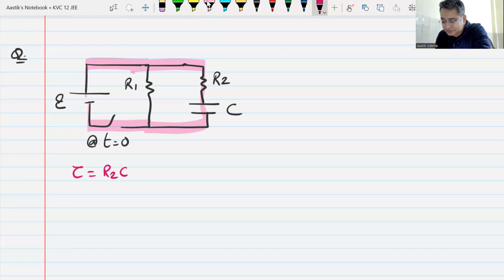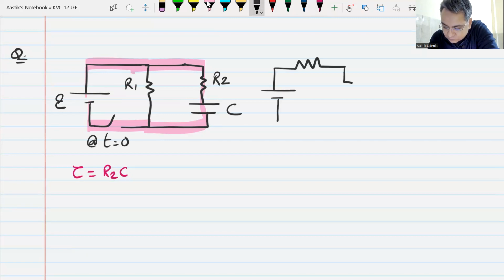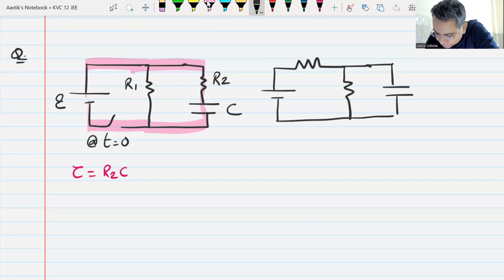If I change this circuit just a bit, getting the time constant becomes slightly complicated. If I put the circuit like this, with C, this is E, this is 6 ohms, and this is 3 ohms.